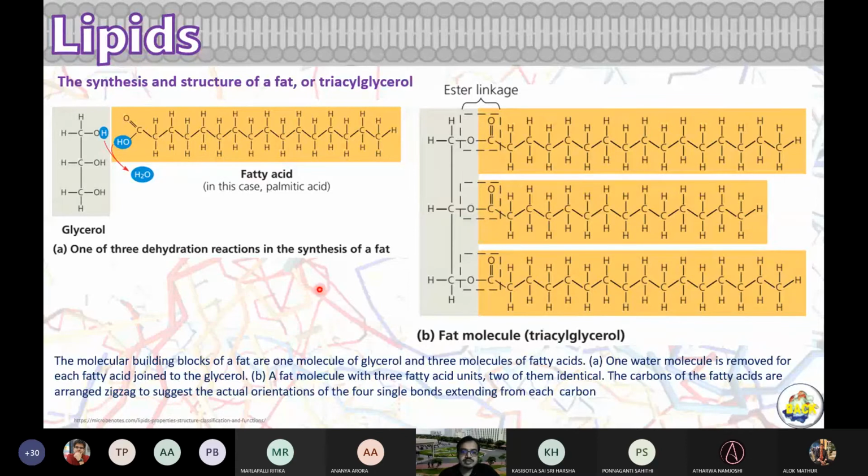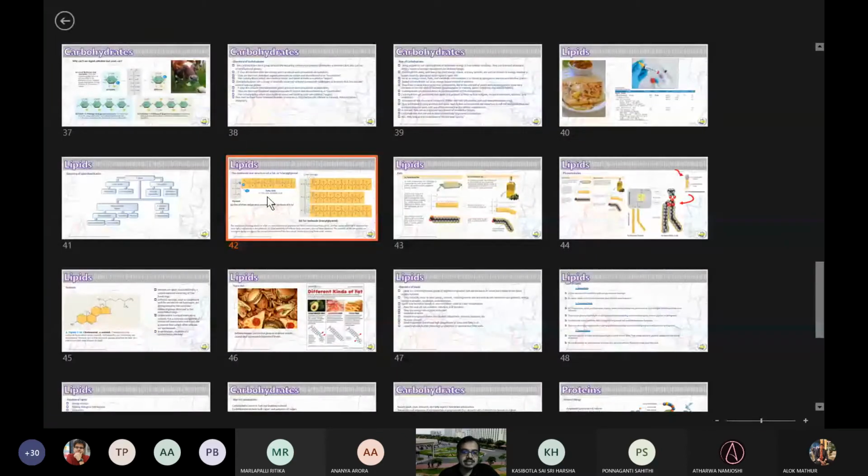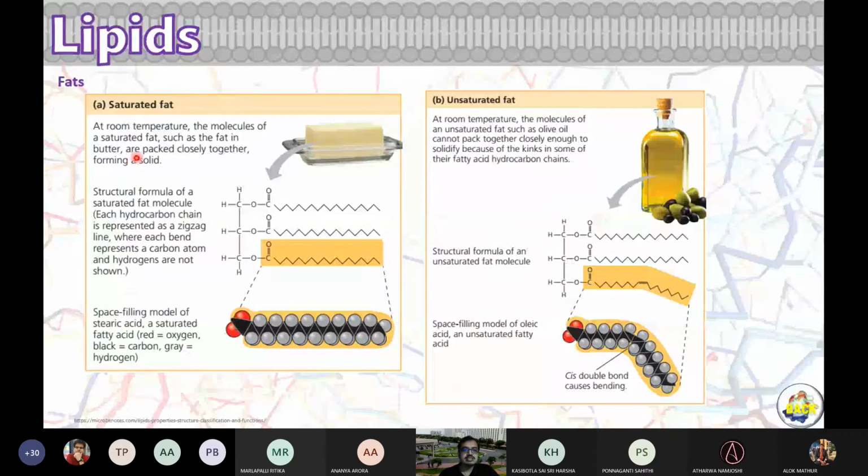So we learned this, but we have also learned in school about saturated fatty acids and unsaturated fats. What are these? We just learned that a fat is glycerol combined with fatty acids. What are saturated fatty acids?